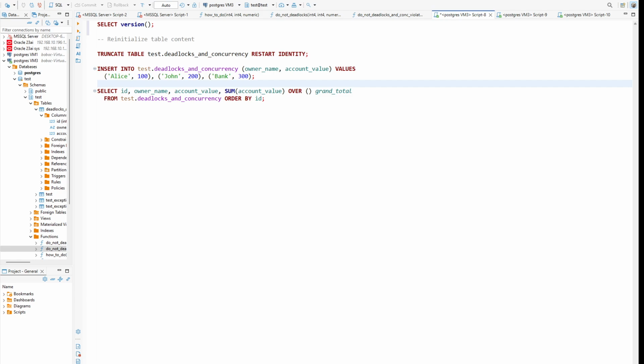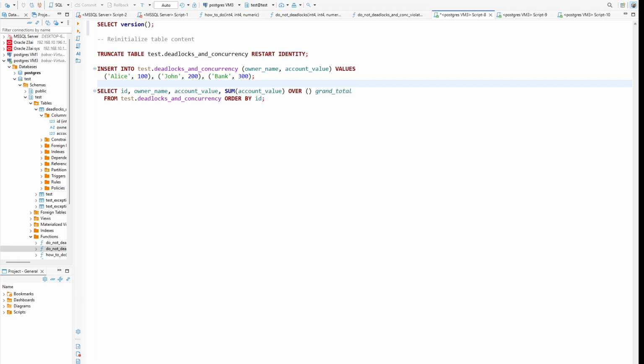The demonstration will be done for Postgres, but the same thing happens for every relational database engine. Think of Oracle, think of SQL Server, maybe MySQL, DB2 for sure, and so on and so forth. So don't look at the fact that we do have Postgres. This happens every time.